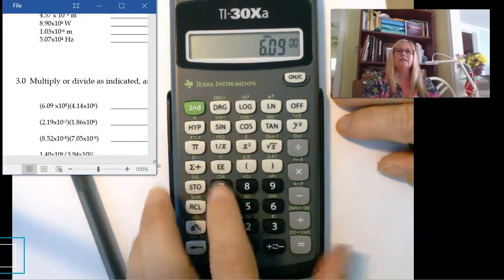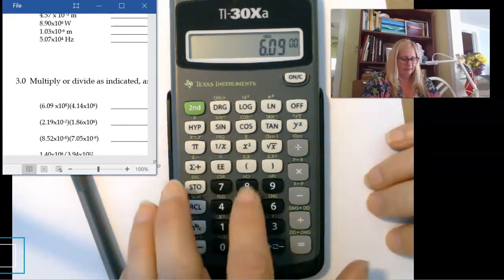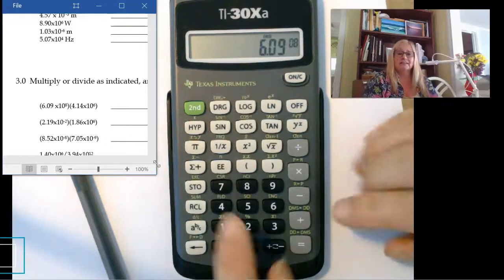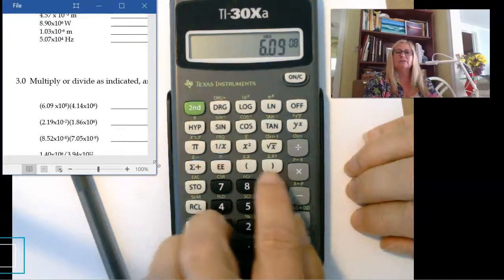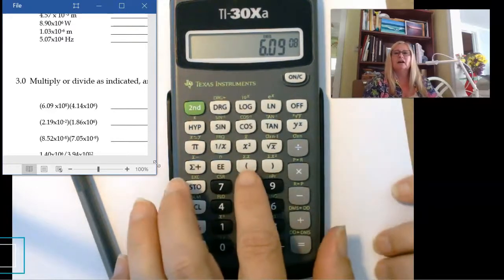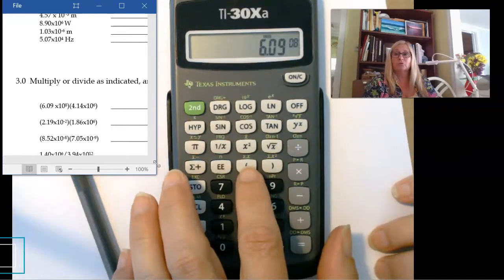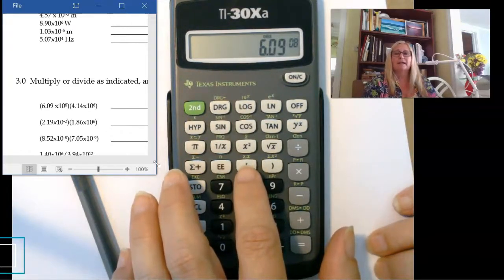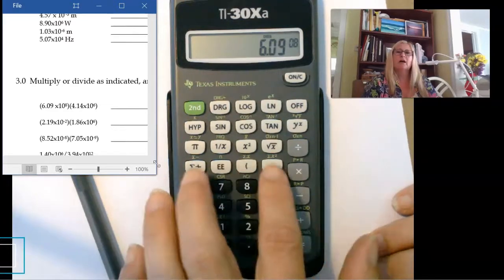I'm going to hit the EE button, and it says times 10 to the 8. Notice I did not use my parentheses. I don't need to in this calculator for this, but in the higher ones you do, because you have to do the mathematic order. Okay? So I have this in EE.